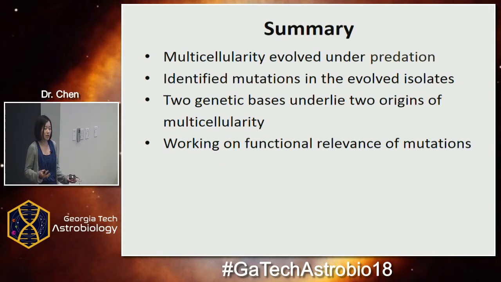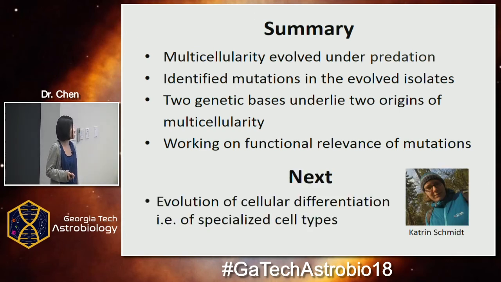And we are working on the functional relevance of those mutations at the moment. For future directions, now that we have evolved those simple multicellular structures, we want to know how cellular differentiation would evolve. Another postdoc in our lab is working on this project right now. She is presenting a poster today. If you haven't talked to her, you should.